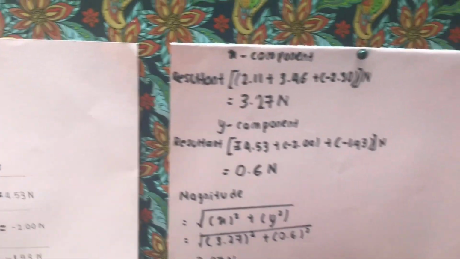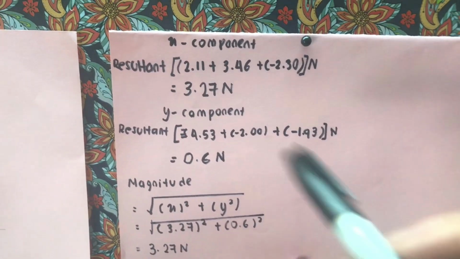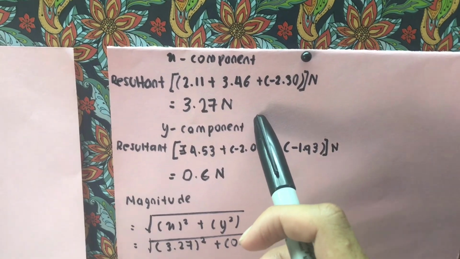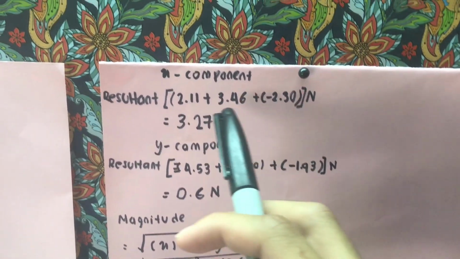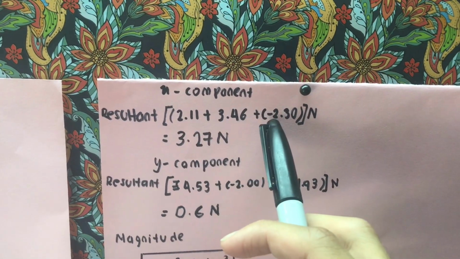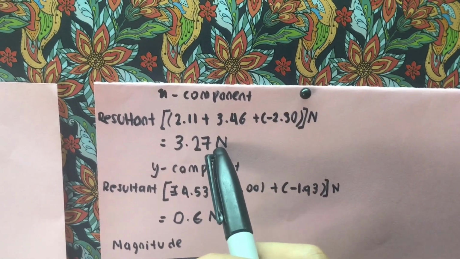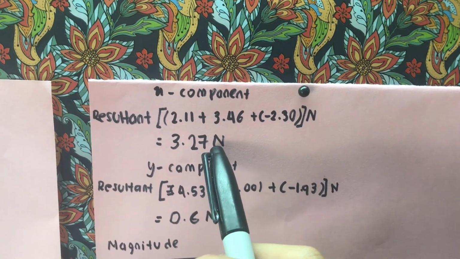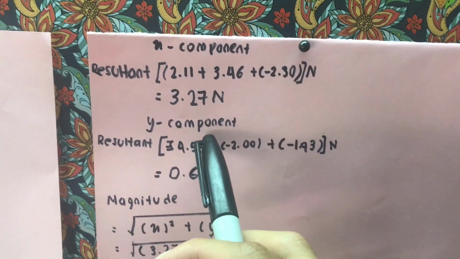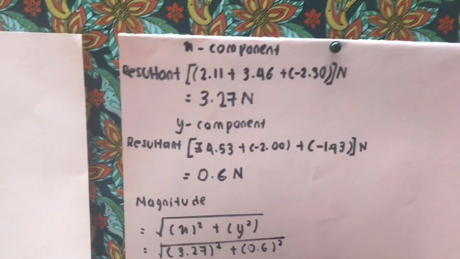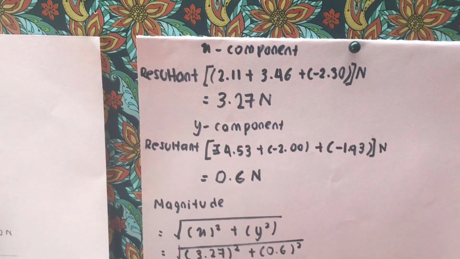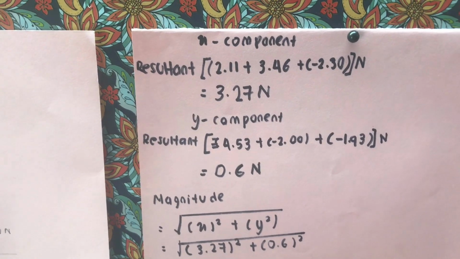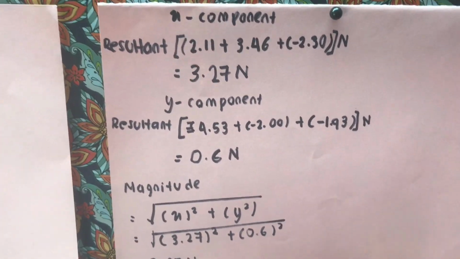And for the resultant, we must calculate the x component from 5 Newton, 4 Newton and 3 Newton. This is the 5 Newton, 4 Newton and 3 Newton. So we calculate, we got the answer 3.27 Newton. And for the y component, to get the resultant, we must calculate all the force components.